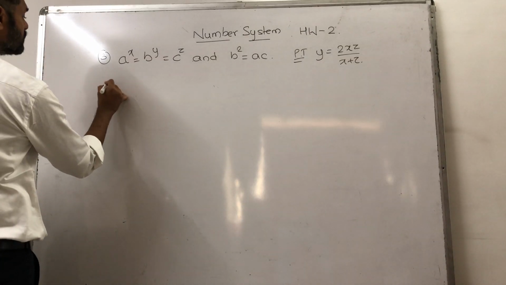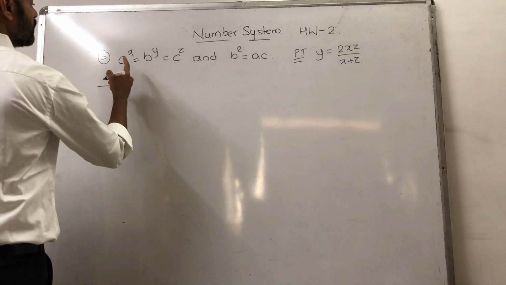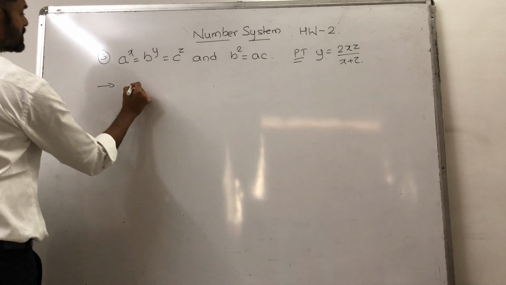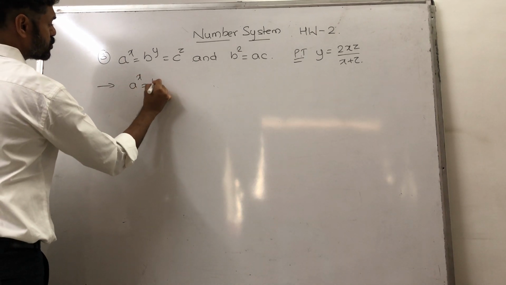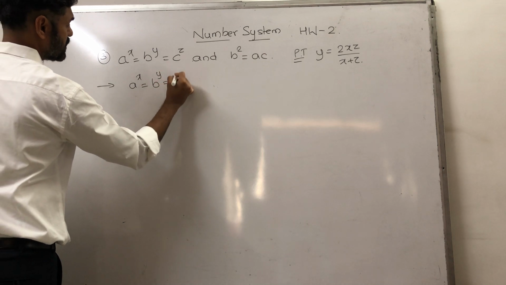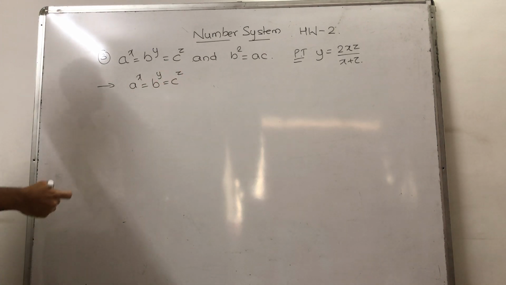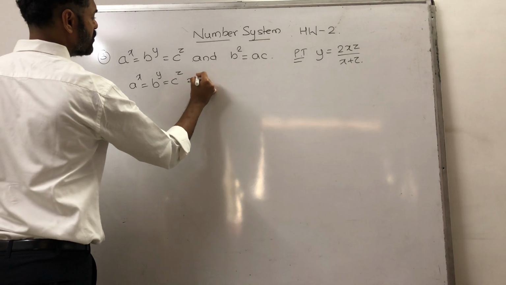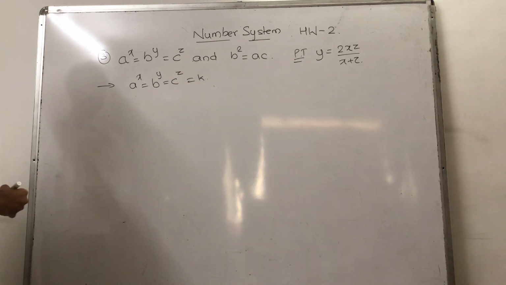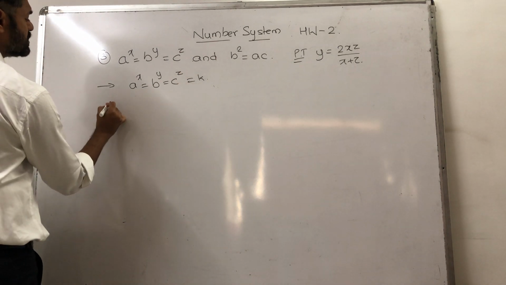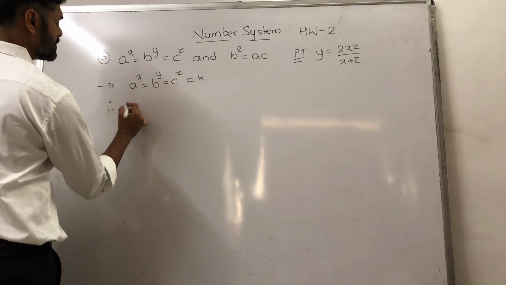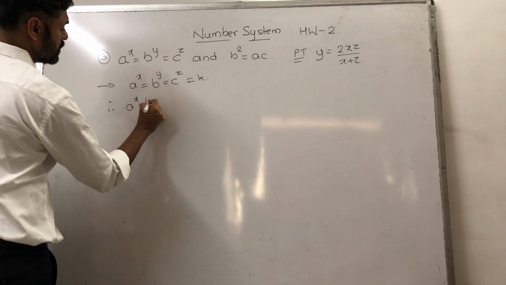Now, we know that a raised to x equals b raised to y equals c raised to z. They all three have the equal value. Let's say their value is equal to k. Now from this relation, you have a raised to x equals k.